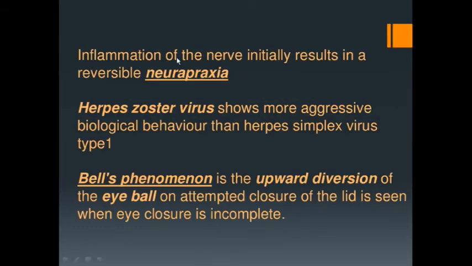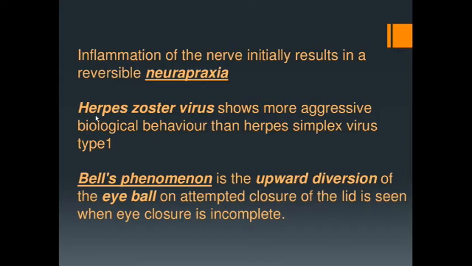Inflammation of the nerve initially results in a neuropraxia, which is a reversible condition. So there is inflammation, there is neuropraxia, and at this stage, if the infection is controlled, the patient will completely recover from the Bell's palsy. Herpes zoster virus is more aggressive than herpes simplex type 1.